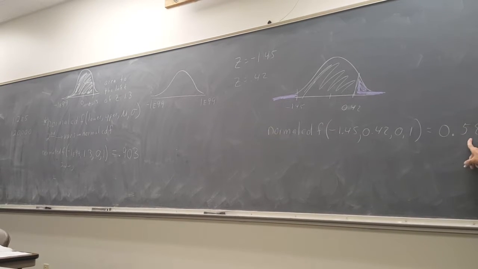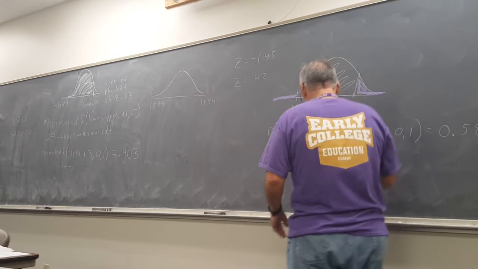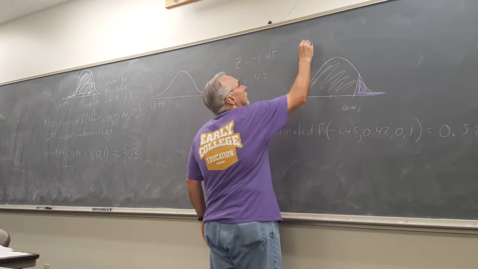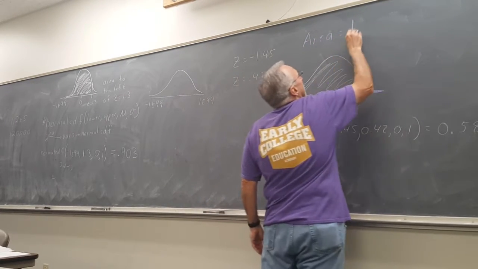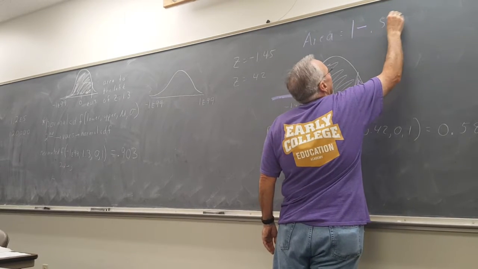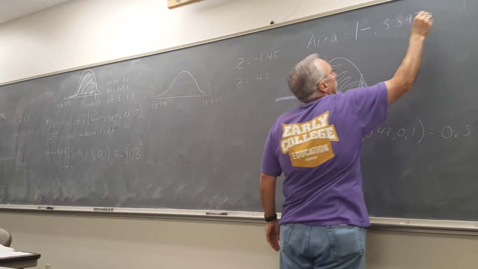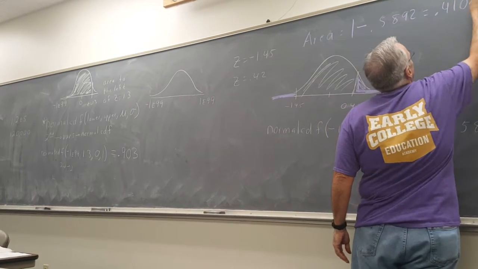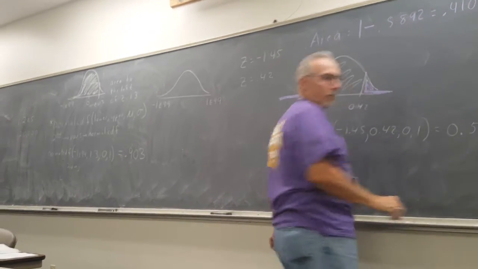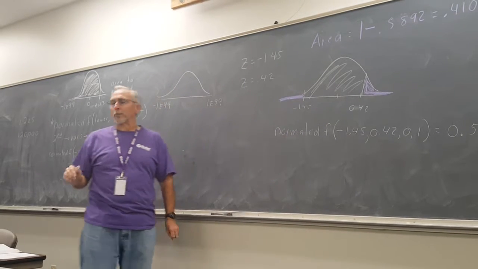Take 1 minus that. So the area in the purple would be 1 minus 0.5892, which may be 0.4108. Sometimes my mental math fails me, but I think that's right.